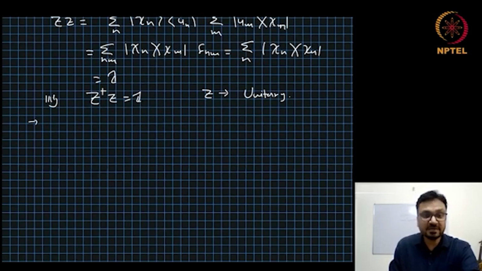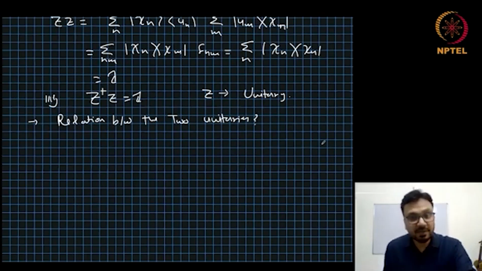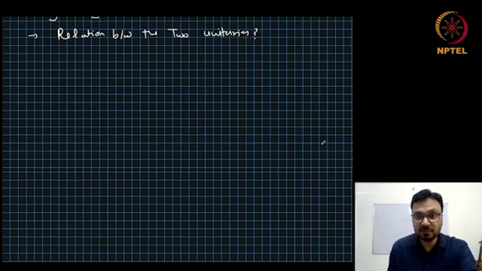So can we find a relation between the two unitaries? This can be one assignment problem. This will be a fun problem, not very complicated, but not really straightforward.